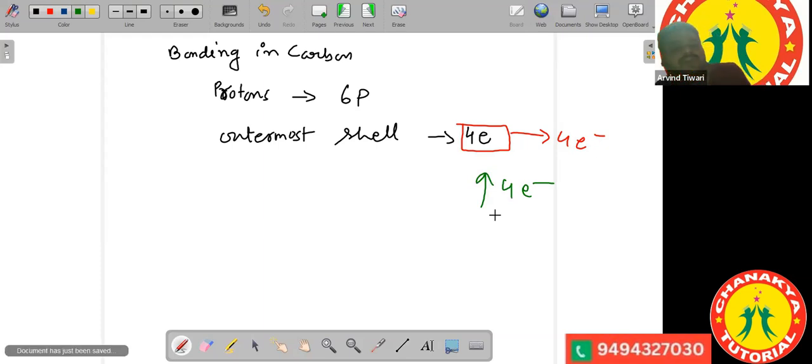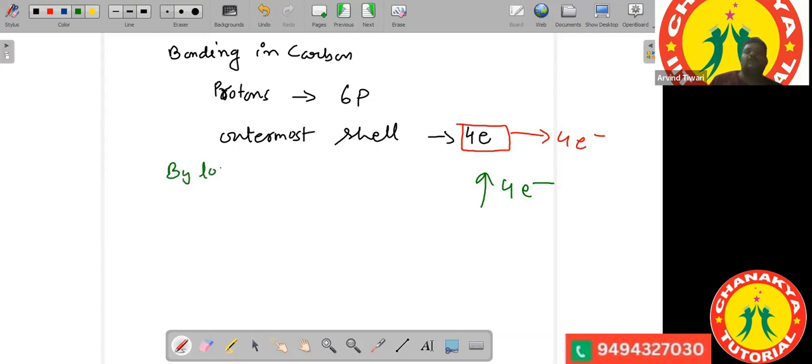If it loses 4 electrons, there will be just 2 electrons in the K shell, which will be fully filled. If it gains 4 electrons, then its L shell will be fully filled. By losing, carbon will form C4 plus, with configuration K having just 2 electrons.